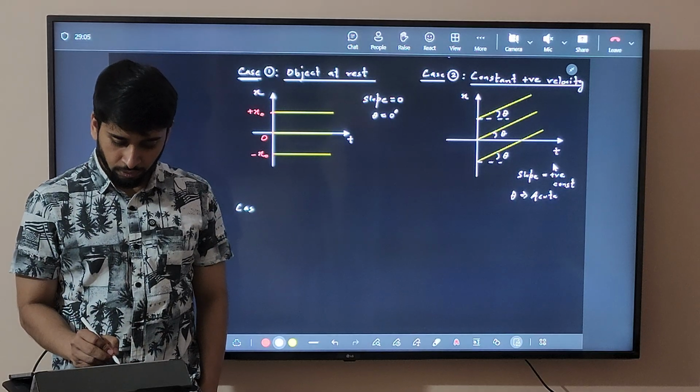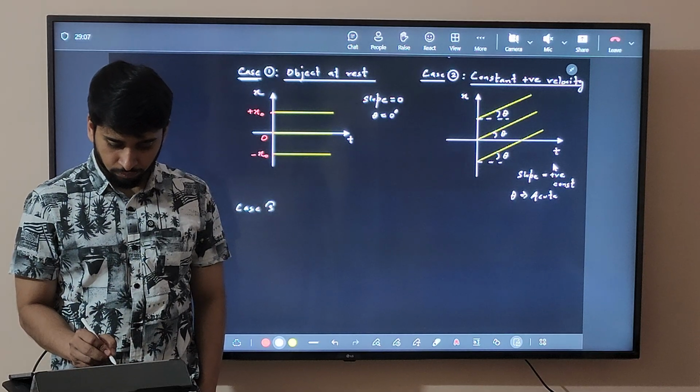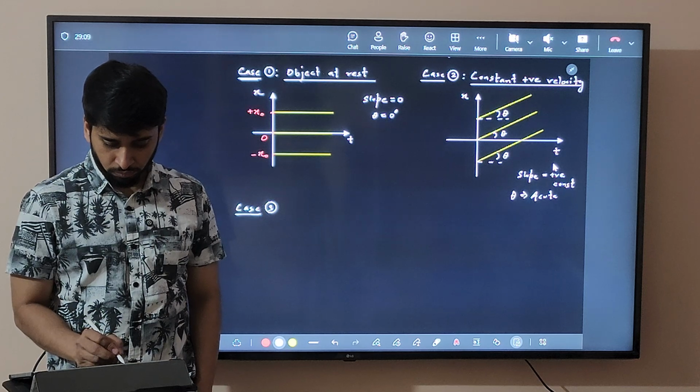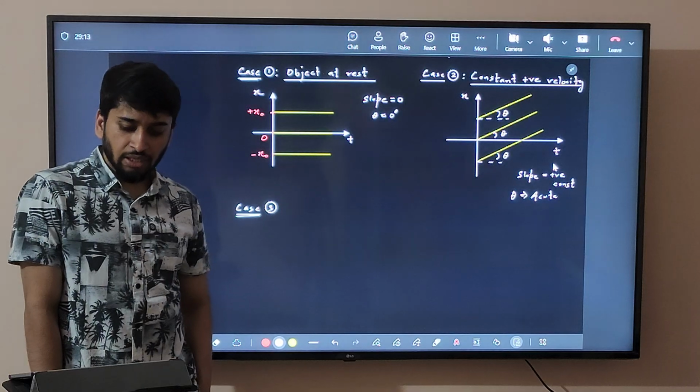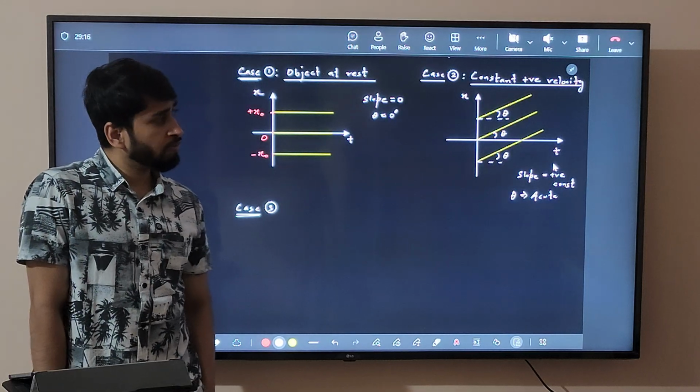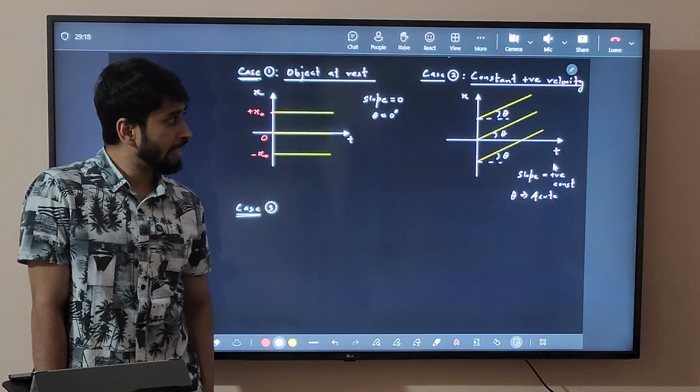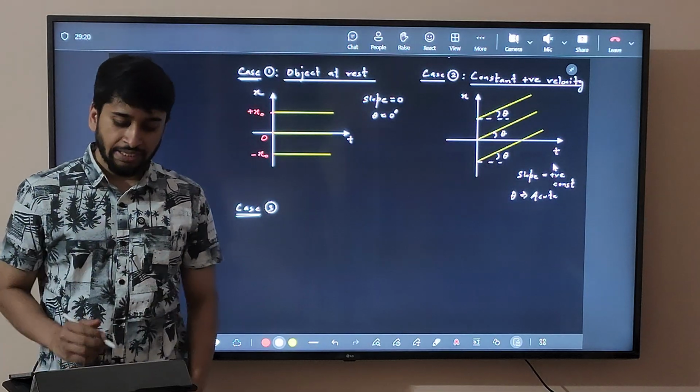Case 3. I hope things are visible here. Now in the previous case the object was moving with constant positive velocity. Now let us take a case where the object is moving with constant negative velocity.